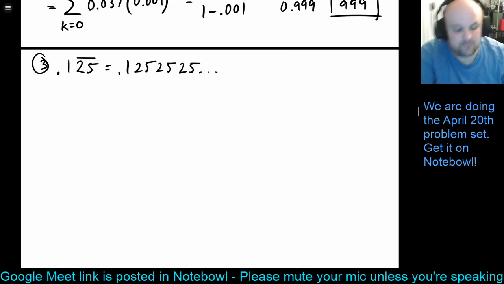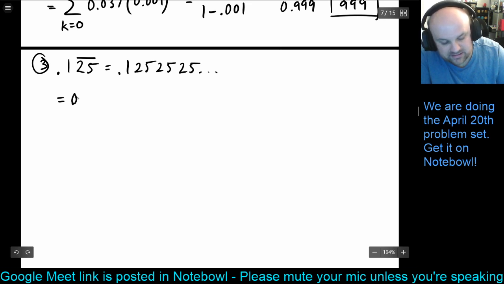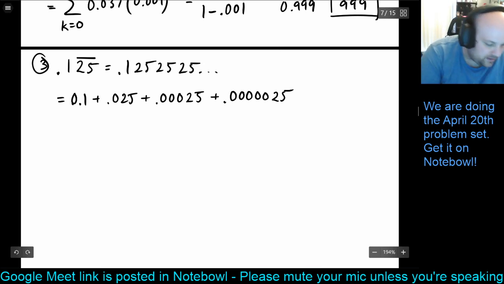When the repeating decimal doesn't start at the very front here, we have a more interesting problem on our hands. So here, I'm still going to write, this is 0.1, great, plus 0.025, plus 0.00025, plus 0.0000025, and so on.